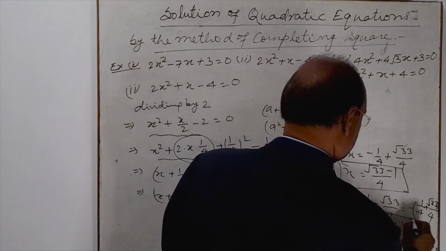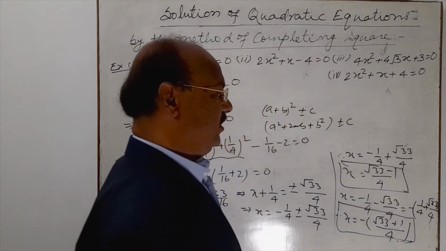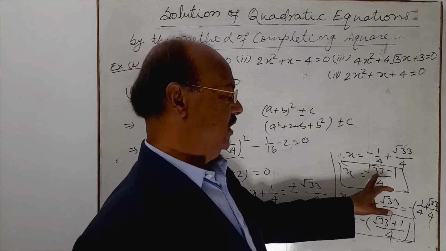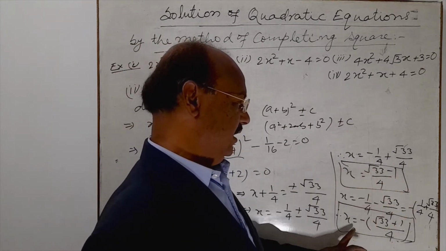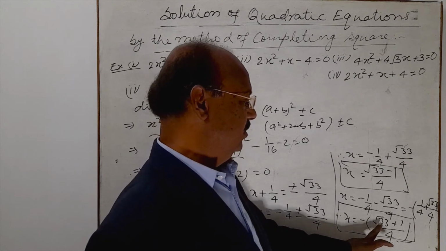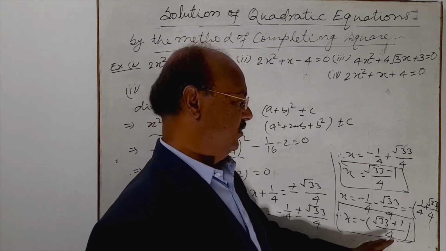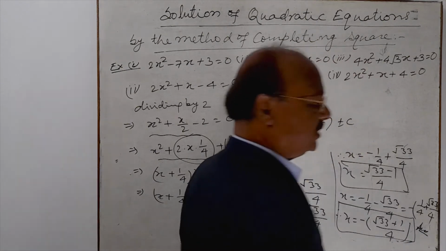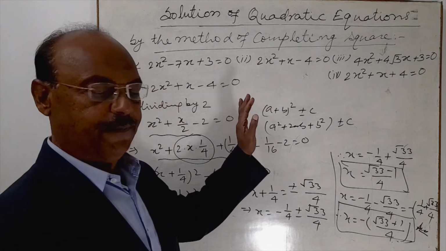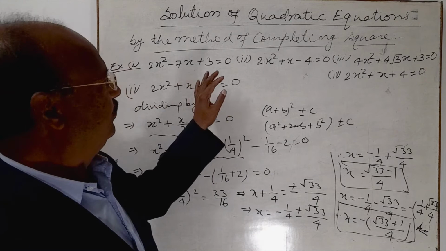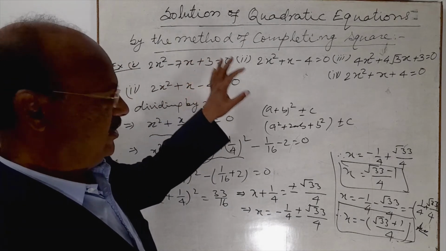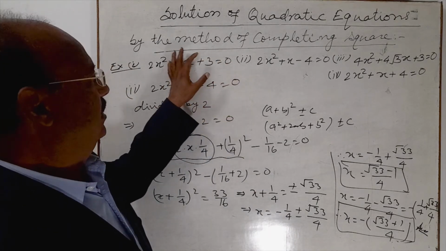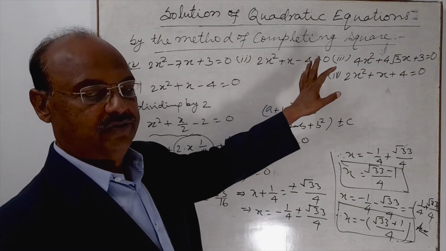These are solutions, these are roots of the quadratic equation. One is root 33 minus 1 by 4, and another is minus of root 33 plus 1 by 4. These are the answers. These are the solutions of this given quadratic equation. Correct? So in this way, we can solve these quadratic equations by the method of completing the square.